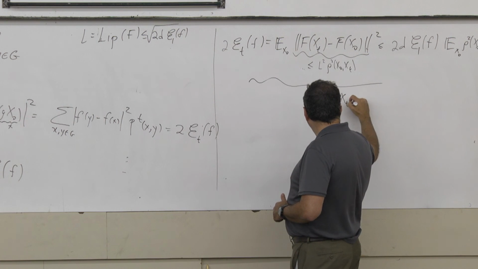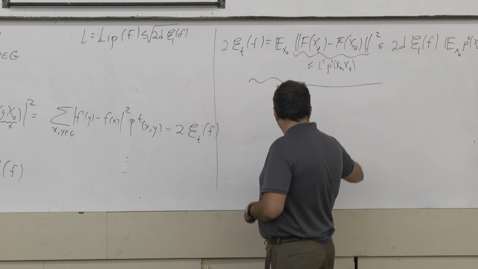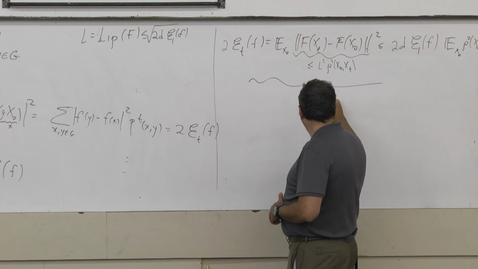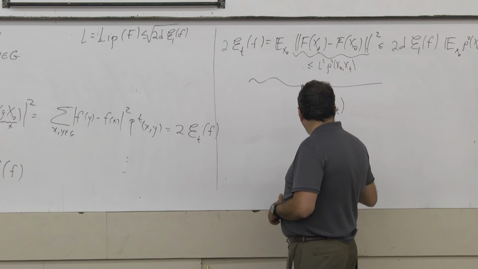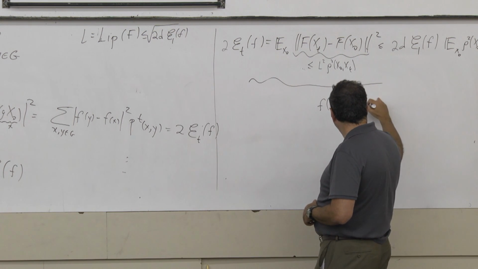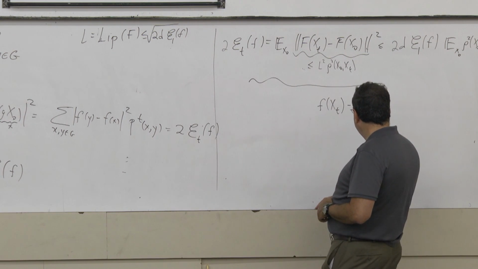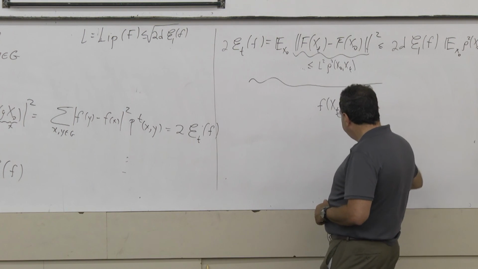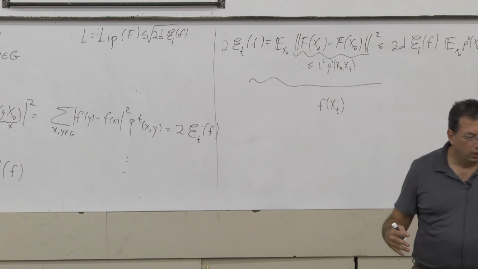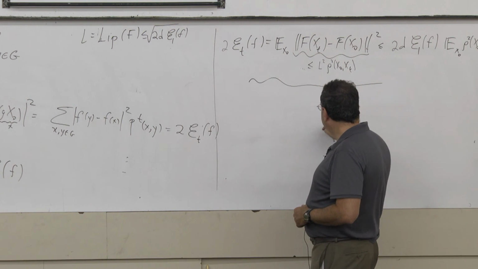Instead of the distance from x0 to xt, if you use f of xt, where f is this eigenfunction we were talking about before, then this is not a martingale.